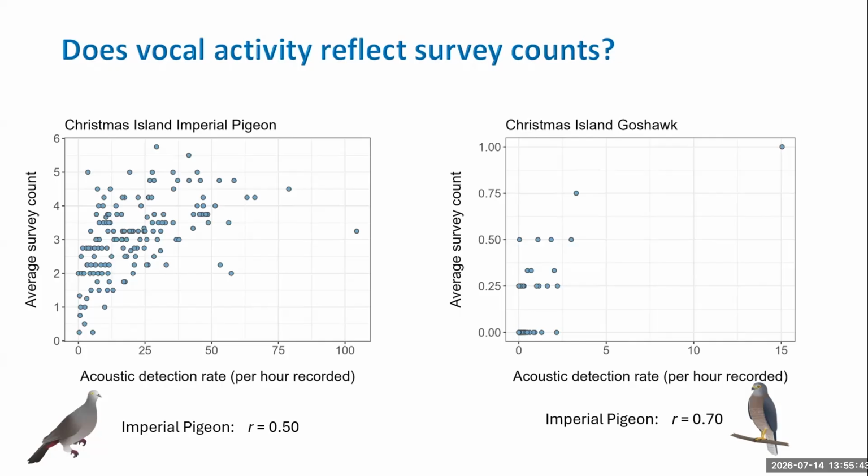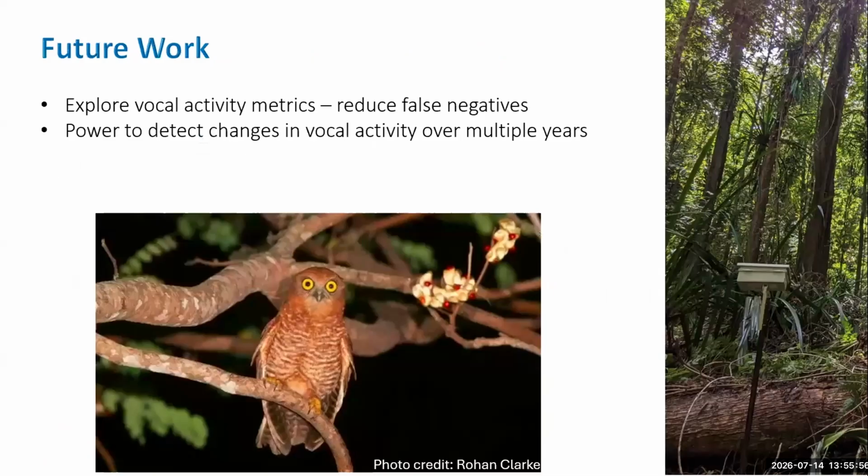And so it gives us a good foundation that we can use vocal activity as a metric for monitoring, to be able to monitor if there are changes going on. How do we go? Okay, and so from here, we're still exploring the vocal activity metrics. I want to get into seeing if we can reduce the false negatives.